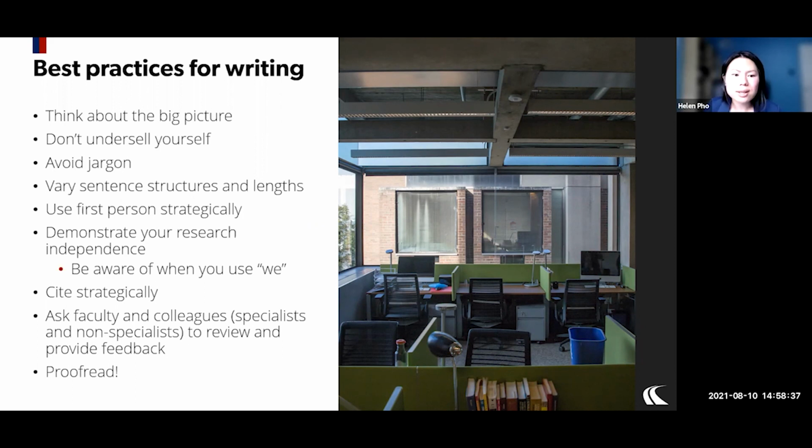Citing strategically is also really important. A research statement is not a grant proposal, right? It's not a journal article. So it's kind of a unique document where you do want to be strategic when you cite. So cite the most important things.